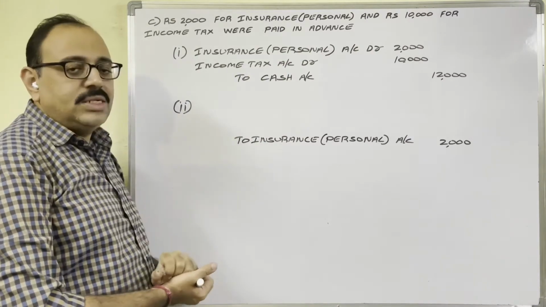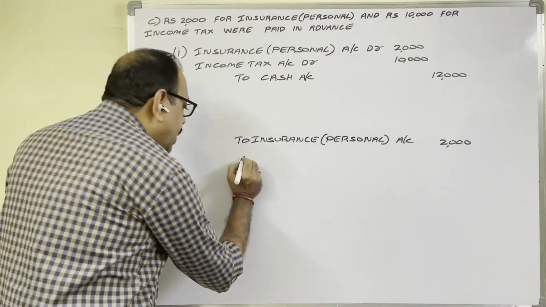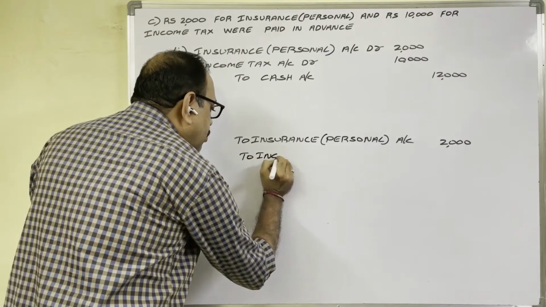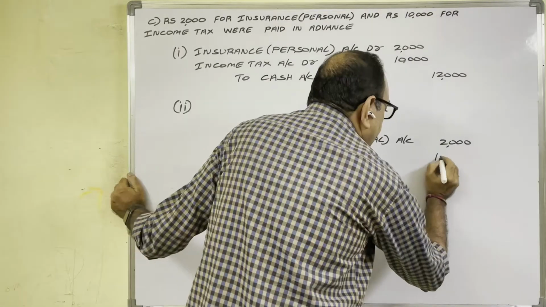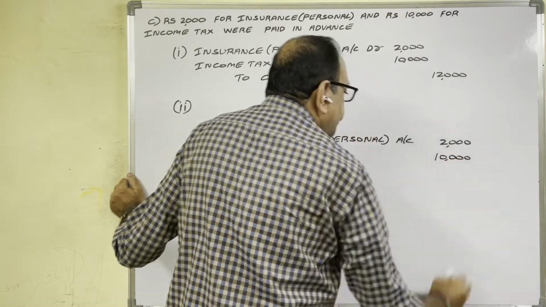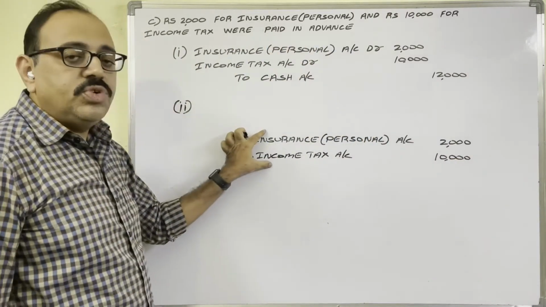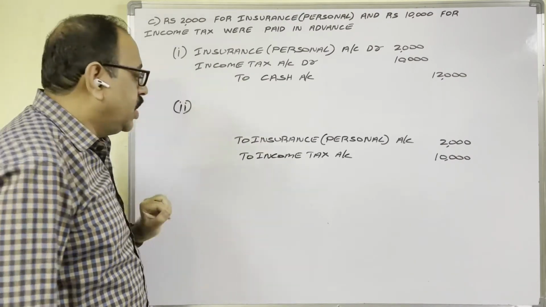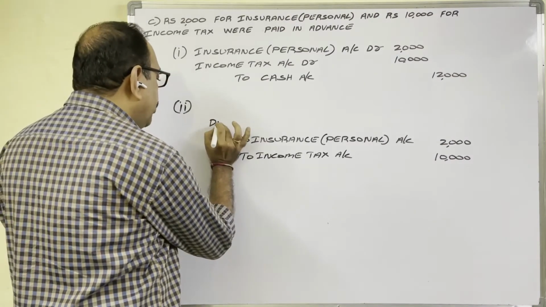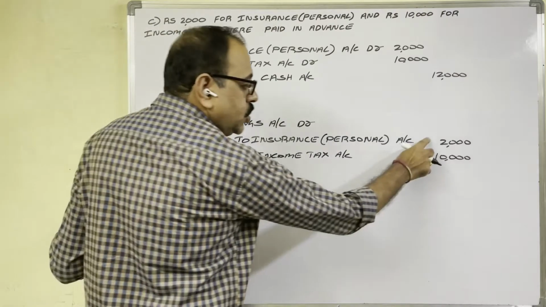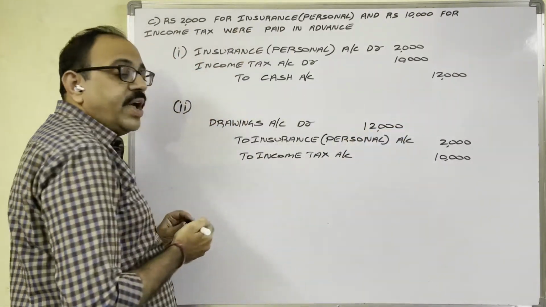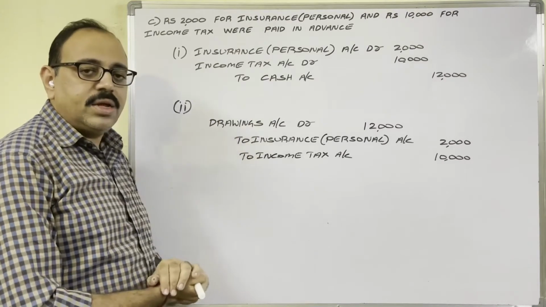If you want to cancel this account, we should credit that account with the same amount to income tax account, 10,000 rupees. These two accounts we should close by transferring the balance to drawings account. Therefore, drawings account should be debited. These two amounts total 12,000 rupees. So finally, these two entries we should write.